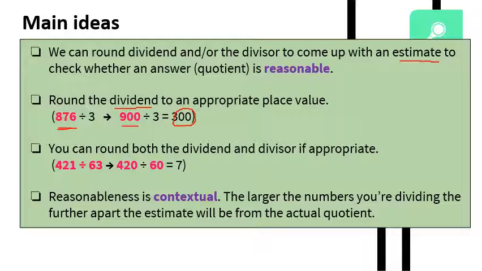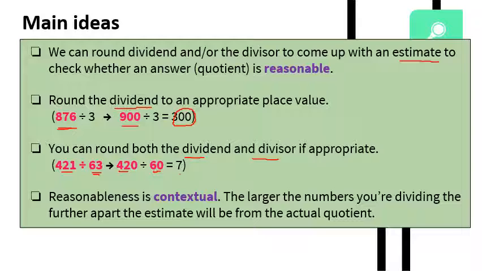You can round both the dividend and the divisor, so the first and second number, if it's appropriate. So here it makes sense to do it because 63 is quite a difficult number to divide by. Also, I know there's a relationship between 42 and 6. So here I'm going to round 421 down to 420 and 63 down to 60.